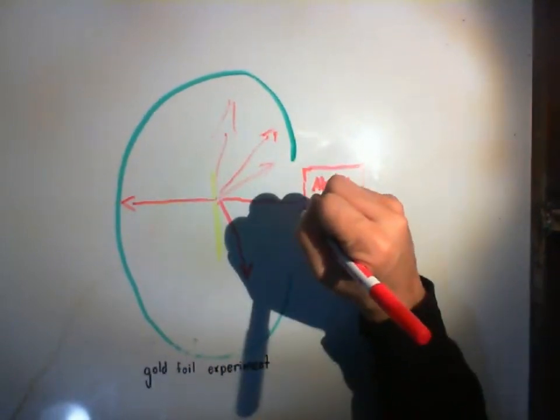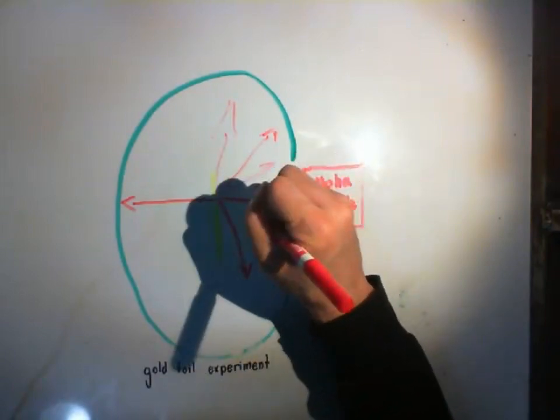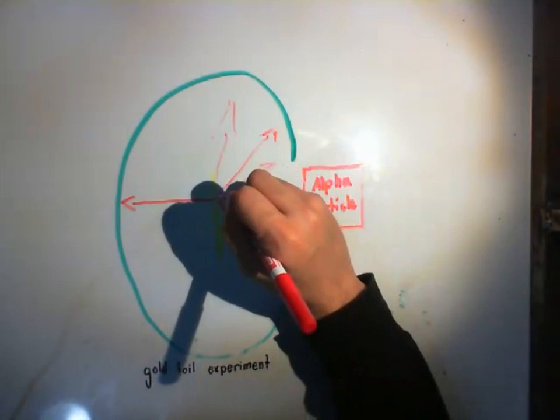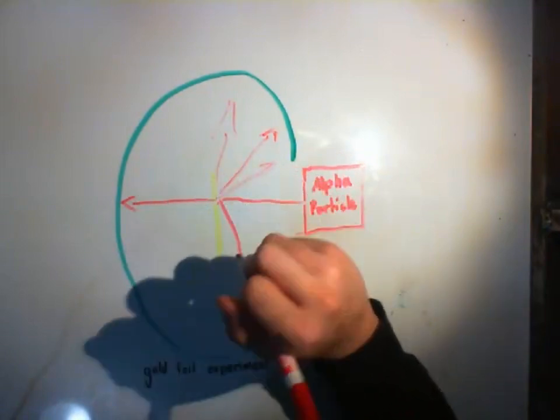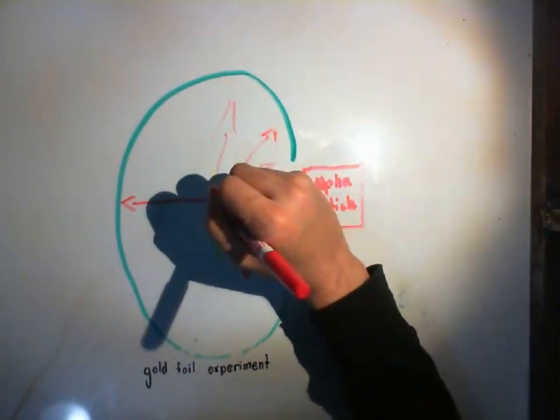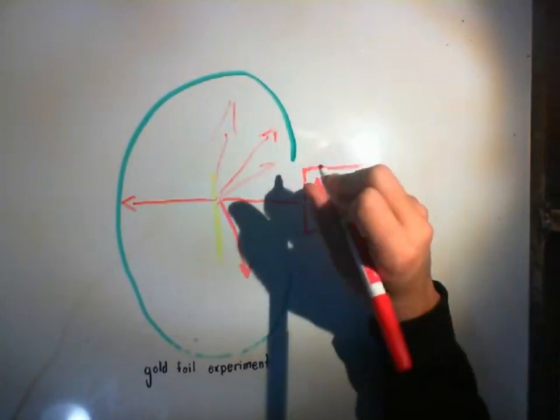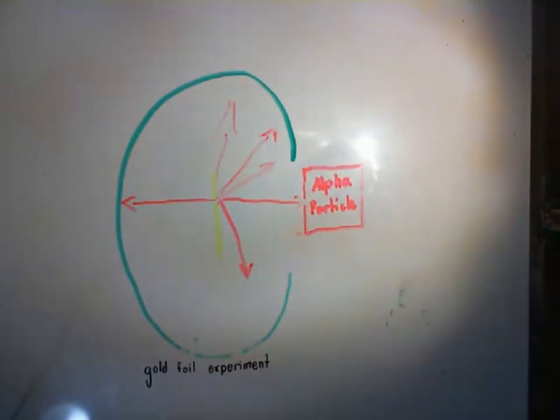However, an even smaller amount, like 0.001%, hit the gold and then bounced right back to where they were fired from. So they would hit the gold and then go straight back, like that. This led to 3 different results.